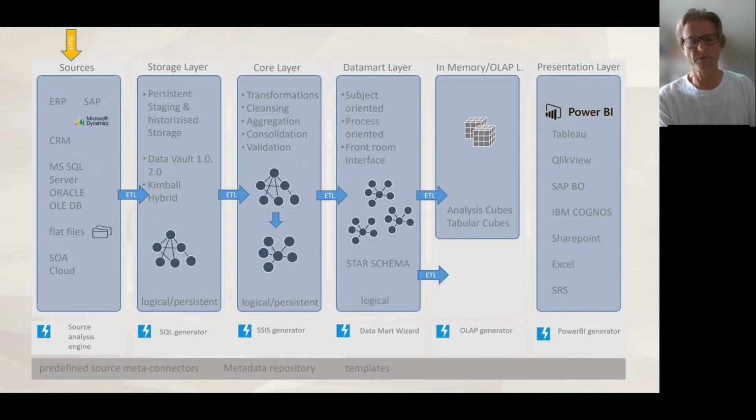Several types of dimensional cubes can be generated. It's the tabular model, of course. We can also generate Tableau or Qlik or something like that, and of course Power BI. More and more customers use a new functionality from Microsoft. They like to use Power BI Premium.